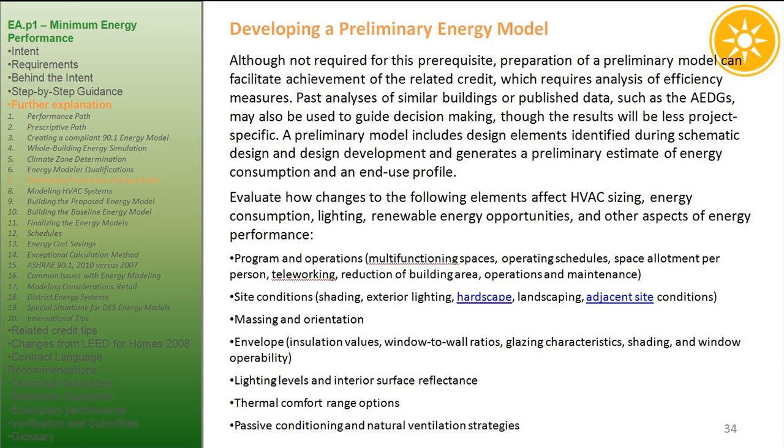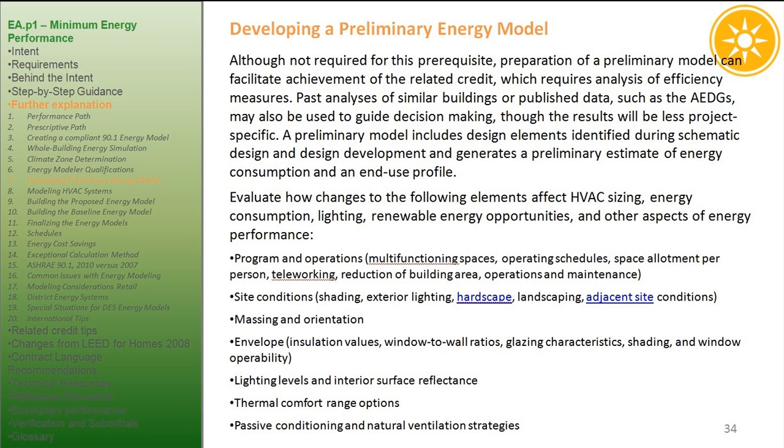Evaluate how changes to the following elements affect HVAC sizing, energy consumption, lighting, renewable energy opportunities, and other aspects of energy performance. Program and operations: multifunctioning spaces, operating schedules, space allotment per person, teleworking, reduction of building area, operations and maintenance. Site conditions: shading, exterior lighting, hardscape, landscaping, adjacent site conditions.